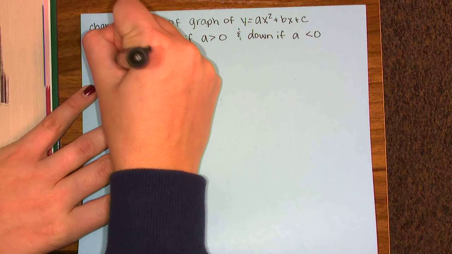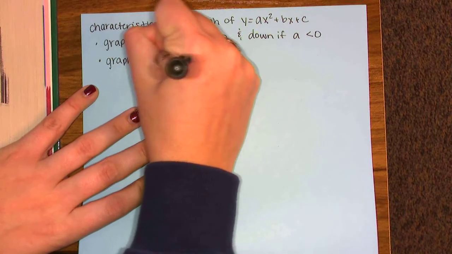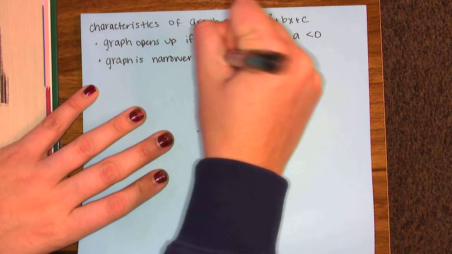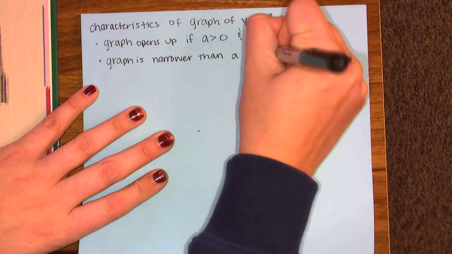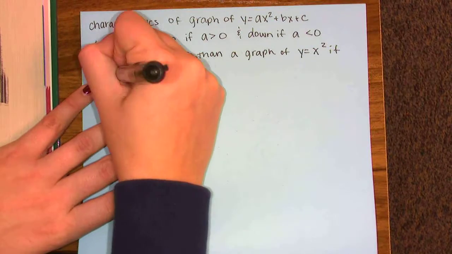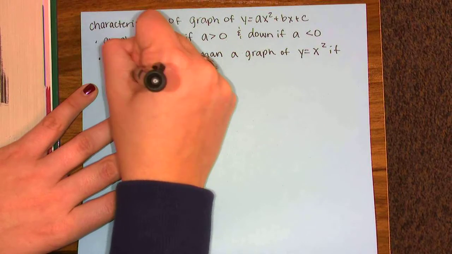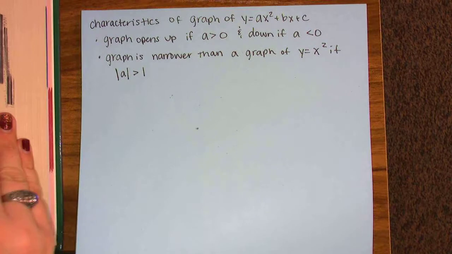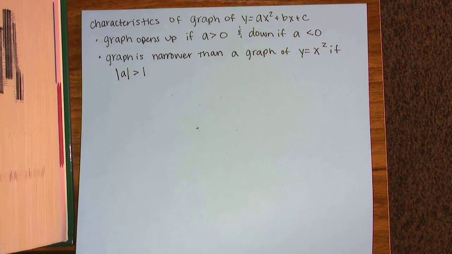The graph is narrower than a graph of y = x² if the absolute value of a is greater than 1. And for this we're going to say that it is compressed.